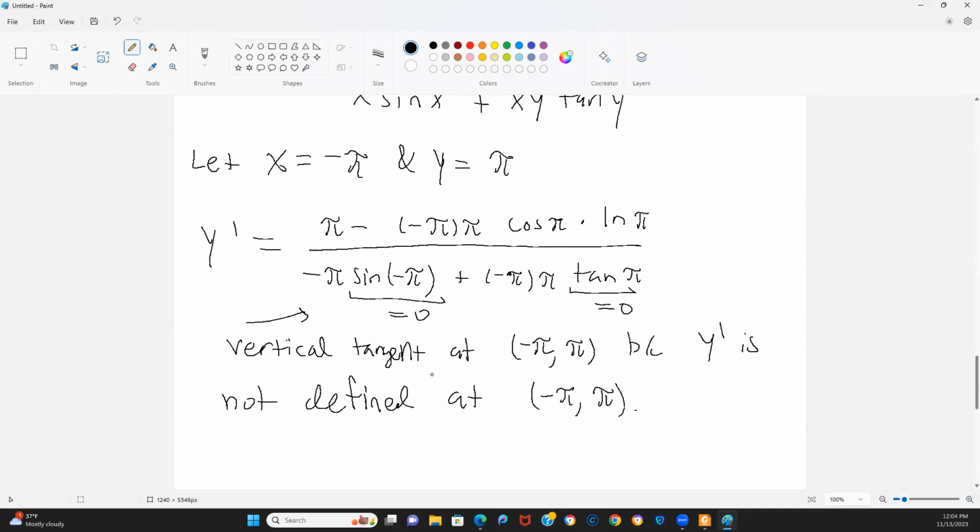at the point. So let's actually plot this equation. We should be able to. So in other words, we have a vertical tangent at this point.